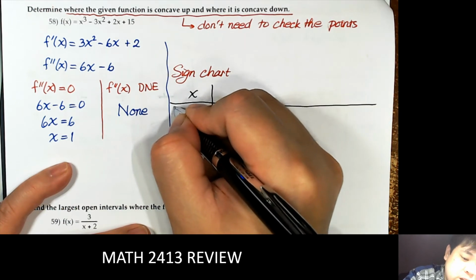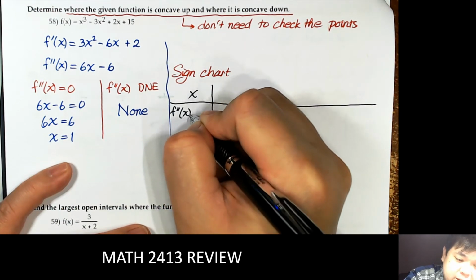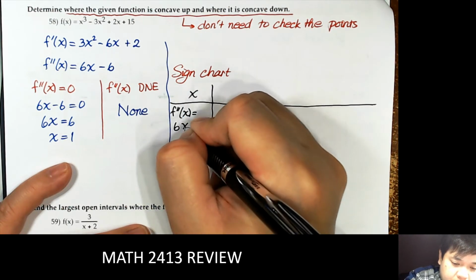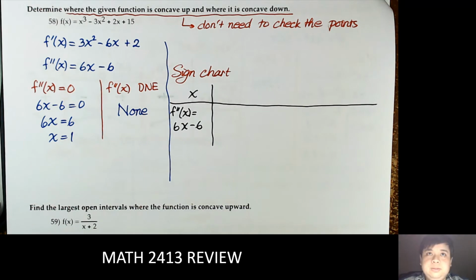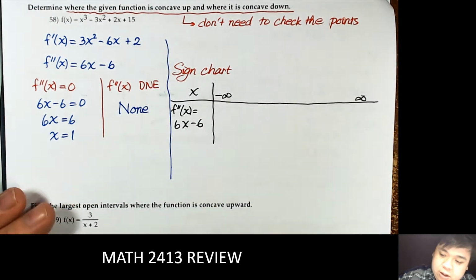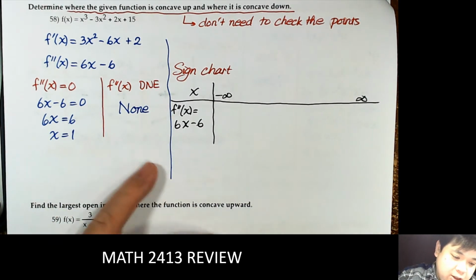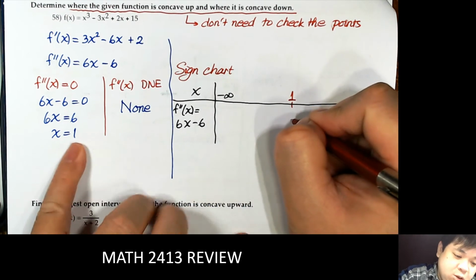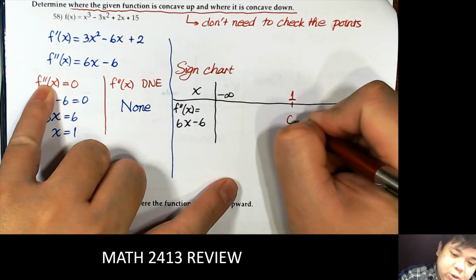This time we put the second derivative. Only have one point, 1. That's where the second derivative equal to 0.